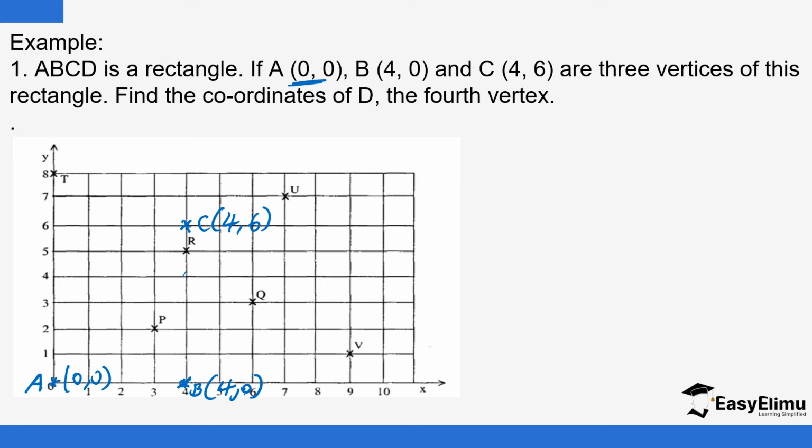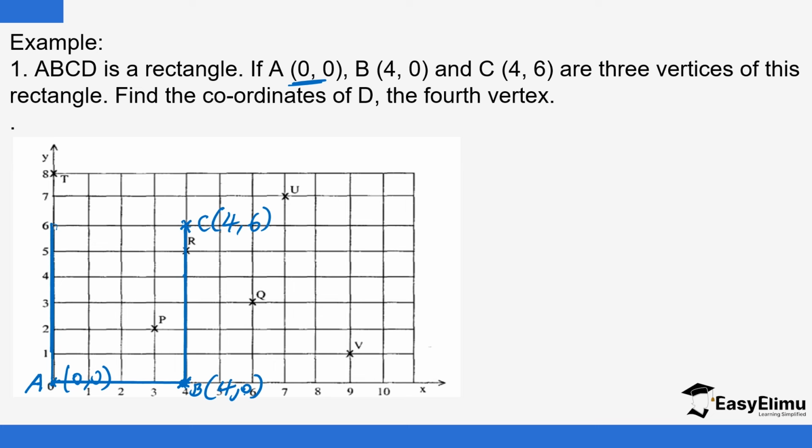Now, we are told this is a rectangle. First of all, you join the points that you have plotted to see how it's going to form a rectangle. So you can complete the rectangle. The rectangle has a special characteristic that the opposite sides are equal in length.